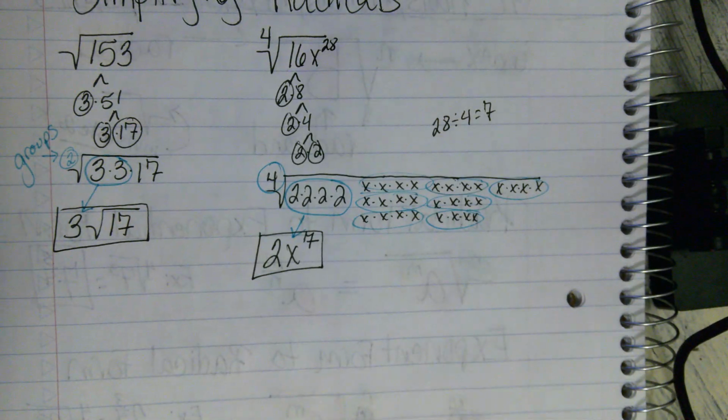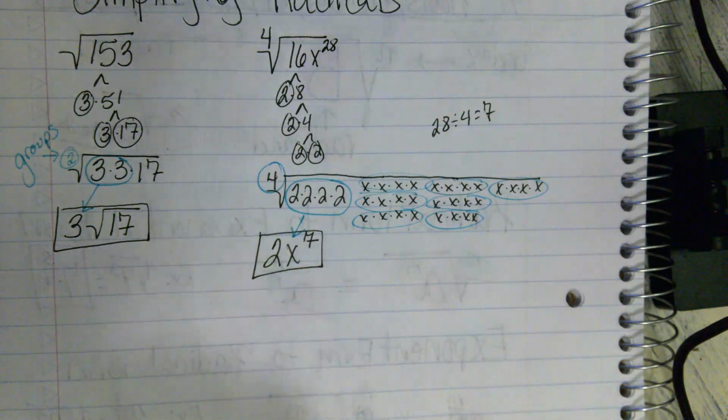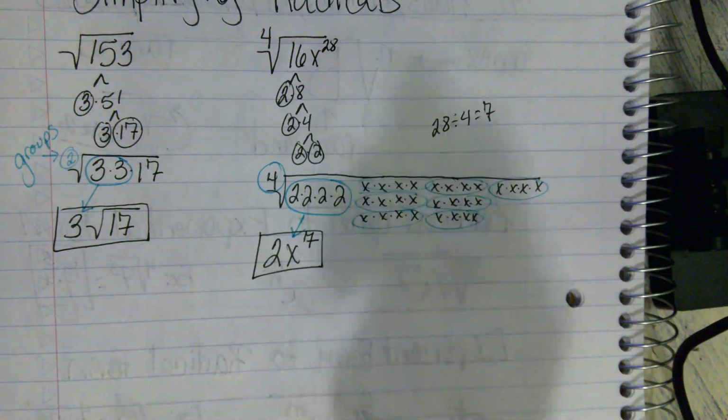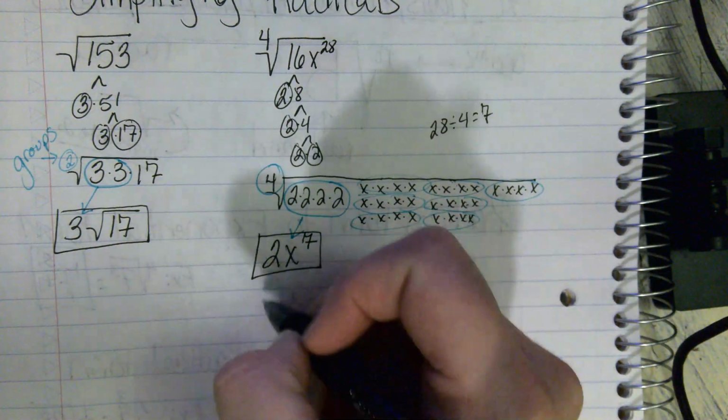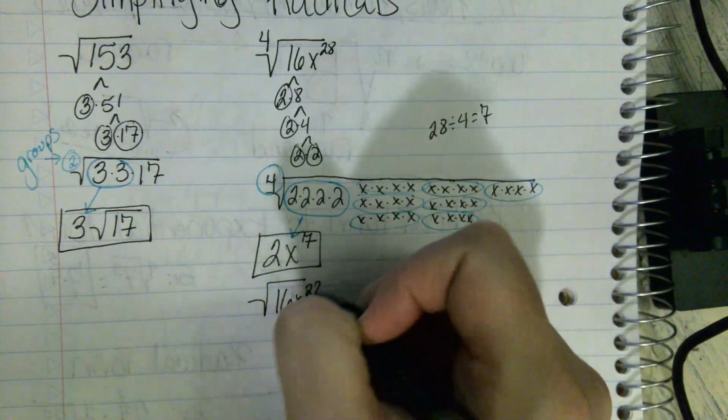So let me show you another way you could reduce this 4th root of 16 x to the 28th power by using the radical form to exponential form. It might be easier for you. So here we go. Let me try it with exponential form.